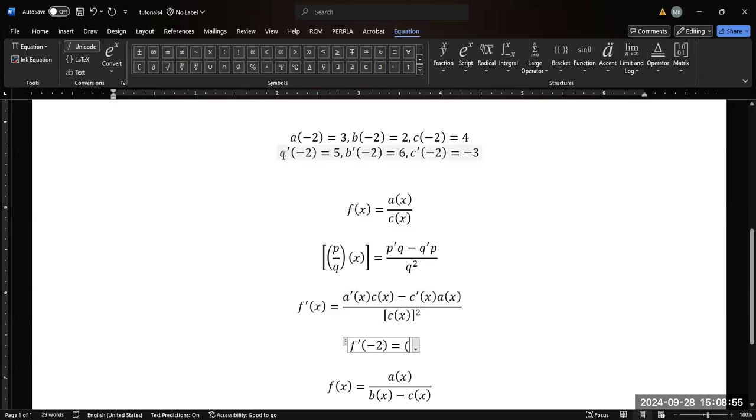A prime of -2 is going to be 5, and then times the original C at -2 is 4, and then minus C prime of -2 is -3, and A at -2 is 3.